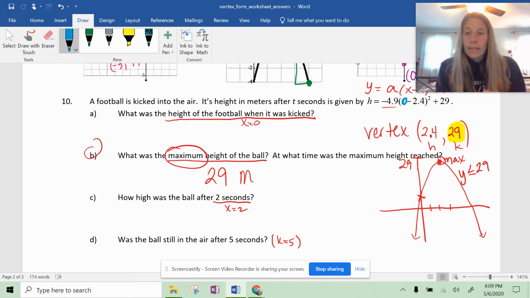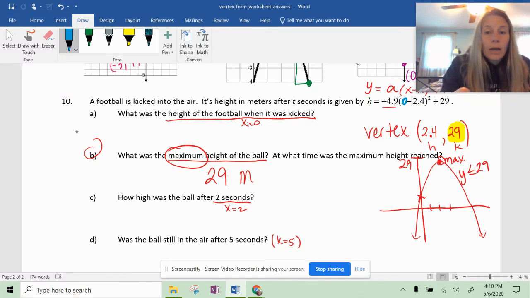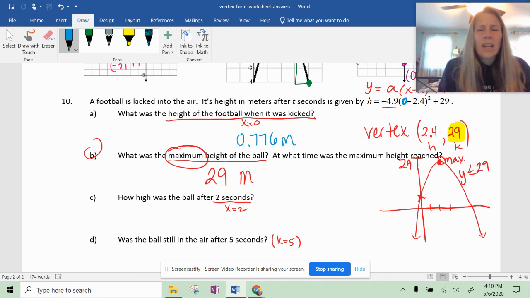You get 5.76. And I have to multiply that by the -4.9 in the front. And then I'm going to add 29 to that, giving me a height of 0.776 meters, which kind of makes sense because maybe they're holding the football a little bit off the ground, or it's on some kind of a little stand or something like that when they kick it.